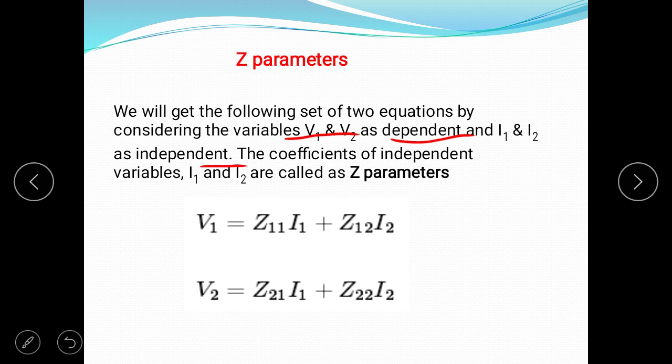So the coefficients of independent variables I1 and I2 are called Z parameters. Simply, V1 is equal to Z11 I1 plus Z12 I2 and V2 is equal to Z21 I1 plus Z22 I2.